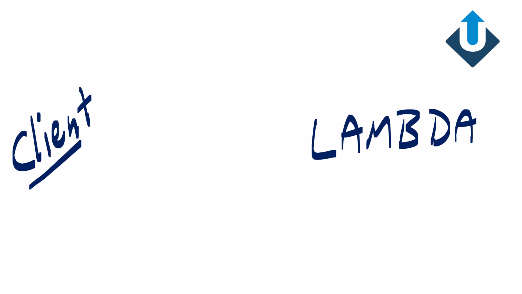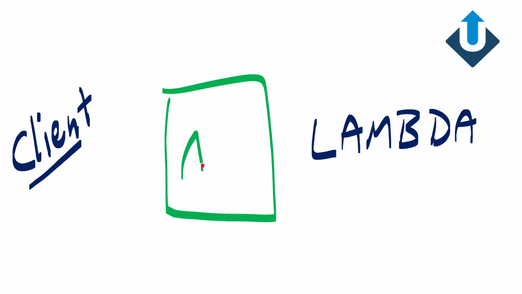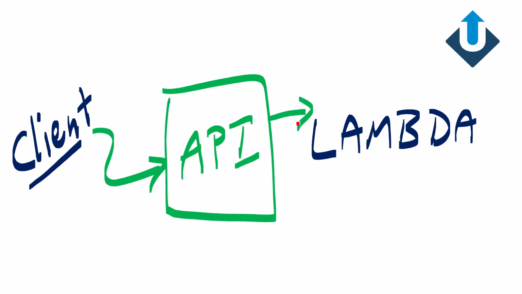He can simply invoke it with the help of an API. So when the client who is outside tries to invoke the Lambda function, he will tell the API that you have to start the Lambda function, and the Lambda function will execute and give the output to the client. So this happens through API. This is one of the use cases.